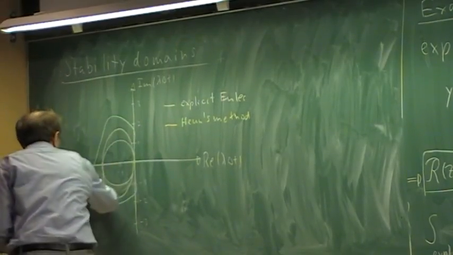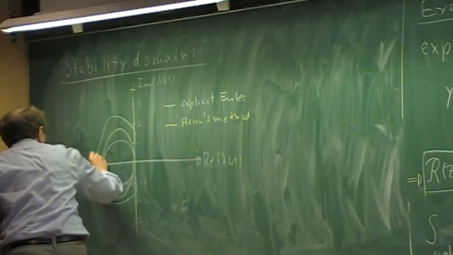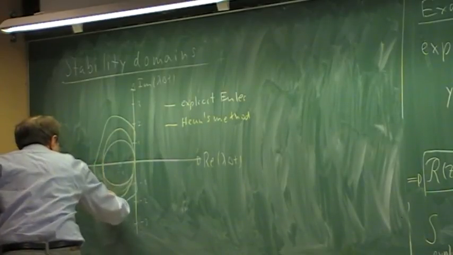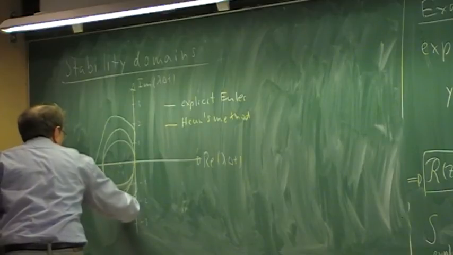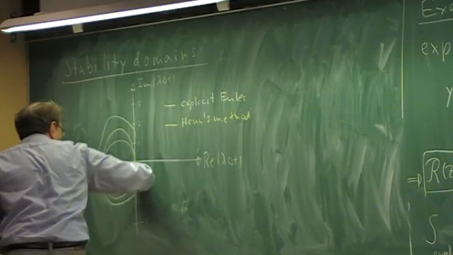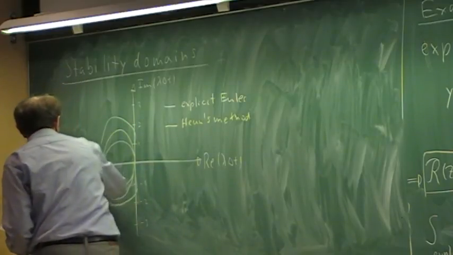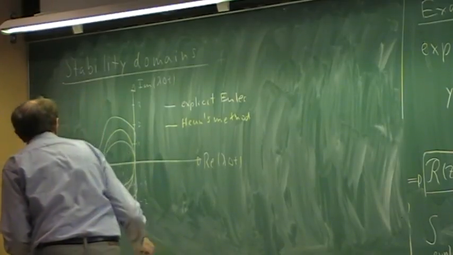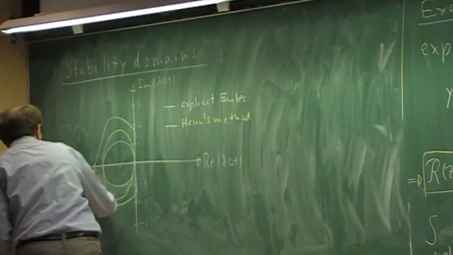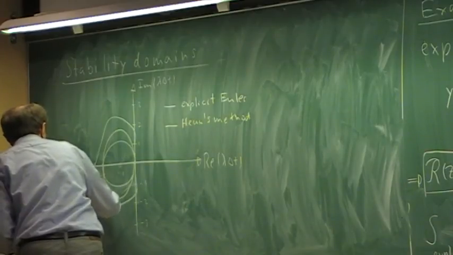I didn't get it so nicely here. It should be symmetric. And here it should end up roughly around minus 2.5 at this point.